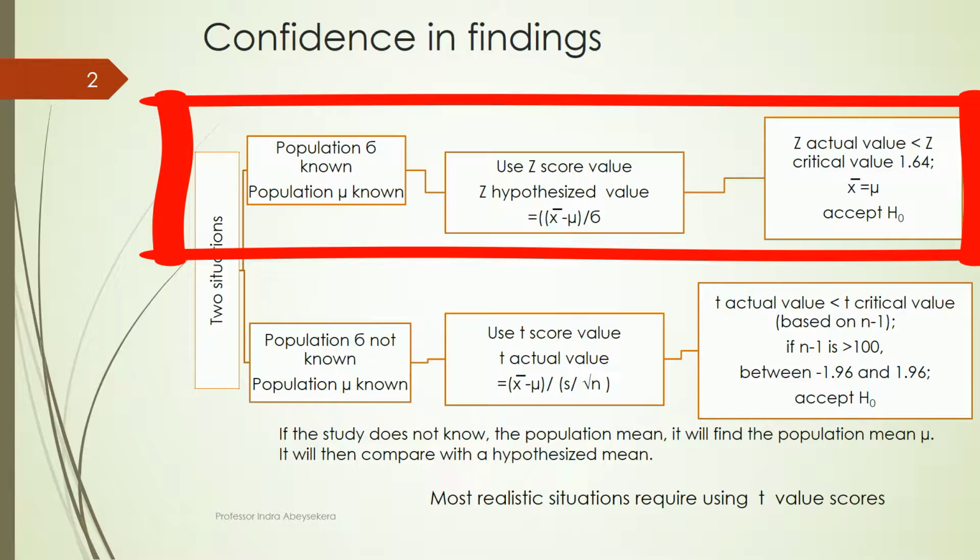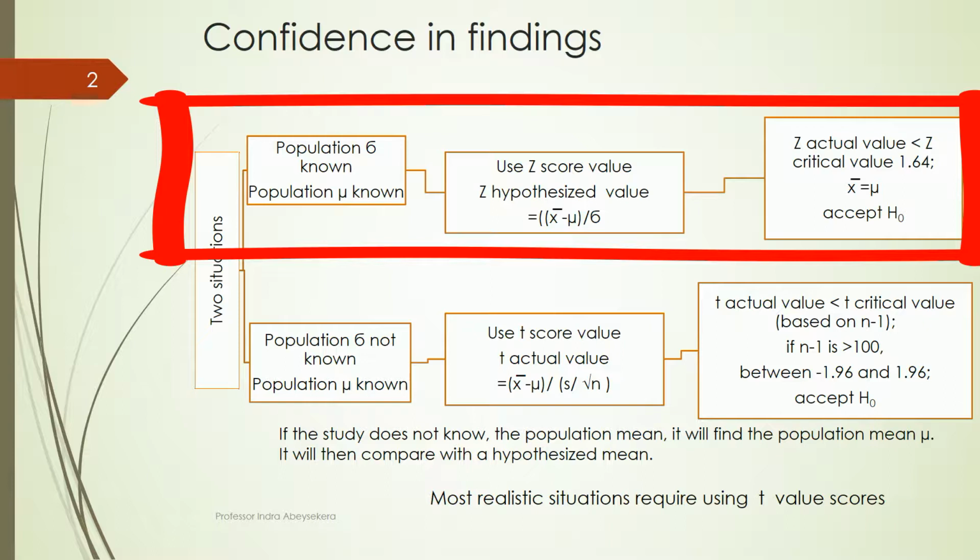then we can say that the sample mean estimate represents the population mean, and we are 95% confident because that estimated value lies within minus 1.64 and plus 1.64.